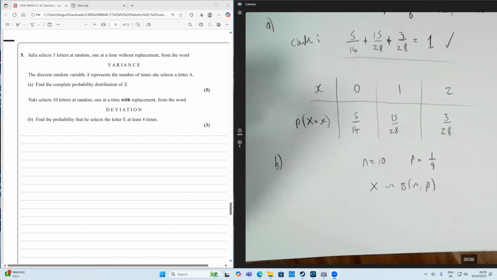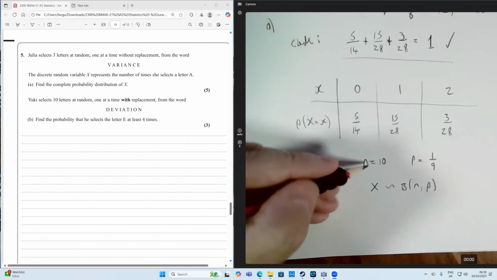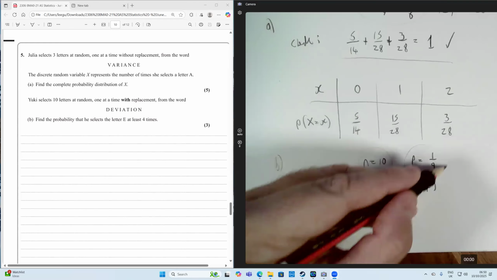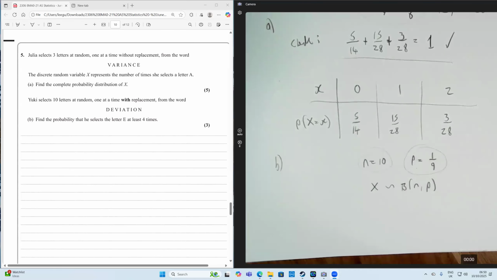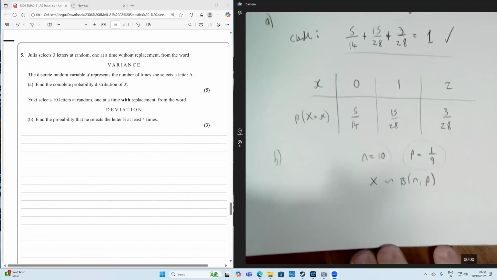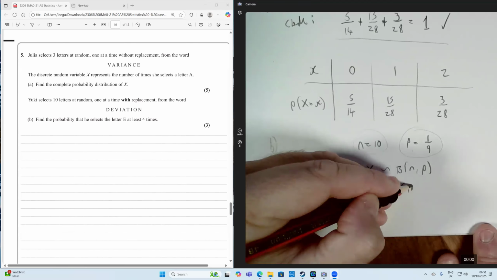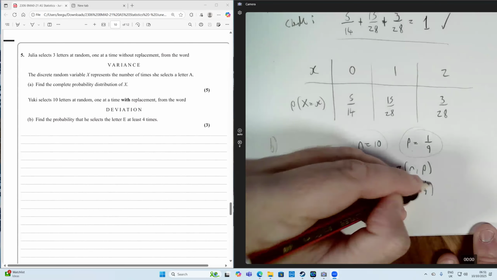Remember, we use a binomial when we have a fixed number of trials, a constant probability, and when the results are independent of each other. And they're independent because Yuki puts the letter back each time. So here's our distribution: a binomial distribution with 10 as our n and 1/9 as our p.